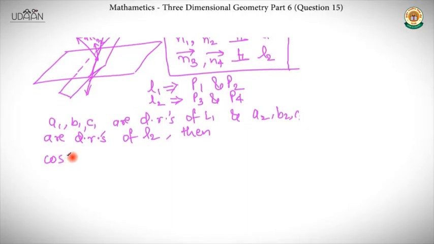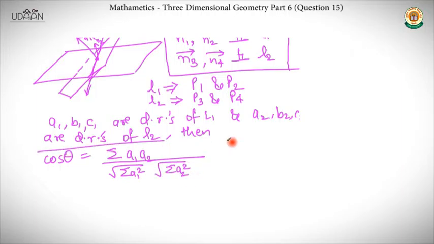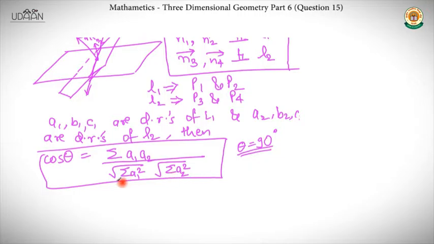We know that cos theta equal to summation a1 a2 by root of summation a1 square root of summation a2 square. This is also the formula we need to remember. Here it is known that they are perpendicular, so theta equal to 90 degree. So this would give us summation a1 a2 is 0.